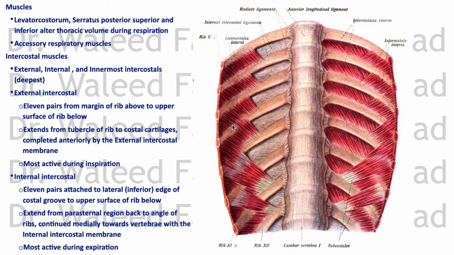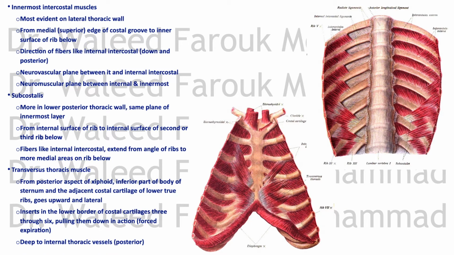The internal intercostal is most active during expiration. And the term most active means that they do work during inspiration, but fully functional with full power during expiration. This is what I mean. Okay, so this is the external and internal intercostal muscles.